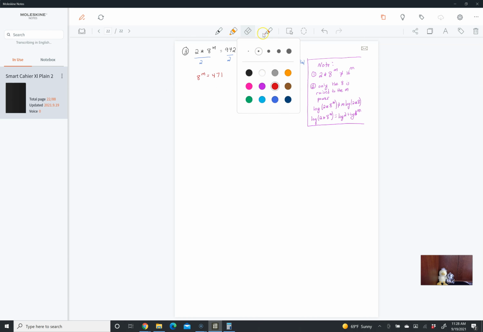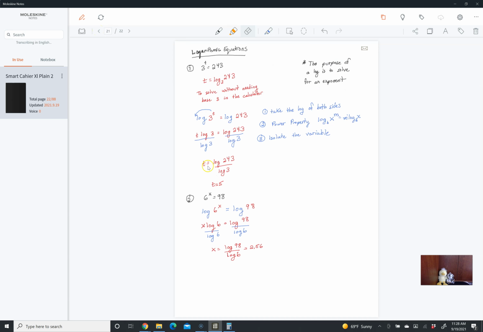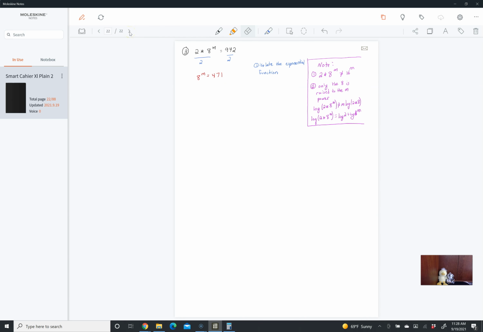And now we can proceed like we had in the past. We're going to take the log of both sides, because now it looks just like these. We have something raised to a power is equal to a constant. So we use these three rules. Take the log of both sides, power property, isolate the variable. Nothing changed. So we're going to take the log of both sides.